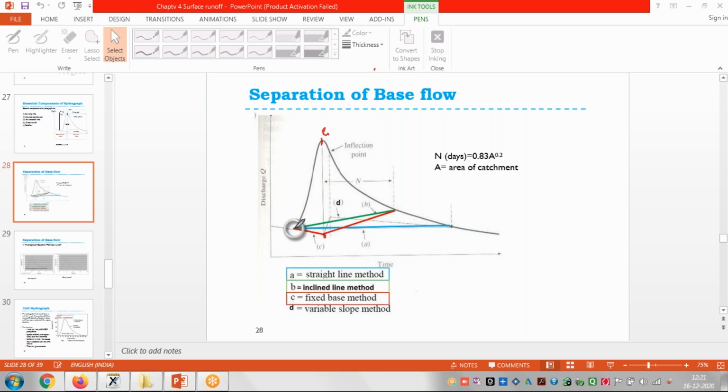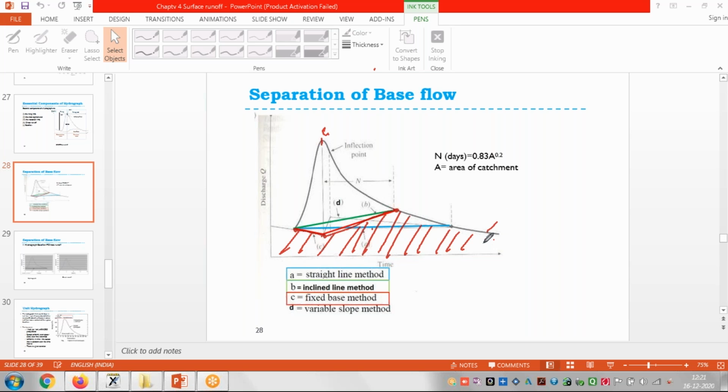And here the discharge is started. First, this is joined, and from here to where the n is coming, this value is coming. This is another method to separate this base flow. This is our base flow, right?